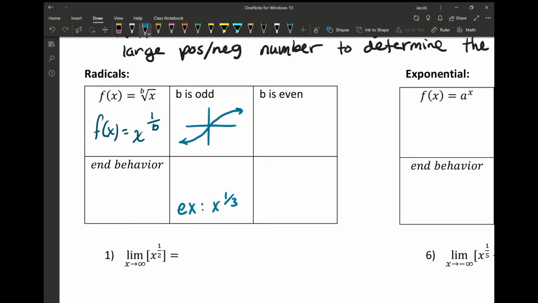If b is even, then your radical will only have one positive piece. And that has to do with how the domain works on these radicals. But if we're discussing end behavior, then we can reference this graph. We can also think about as x approaches infinity, y will approach infinity, and then when it goes to negative infinity, y will approach negative infinity.